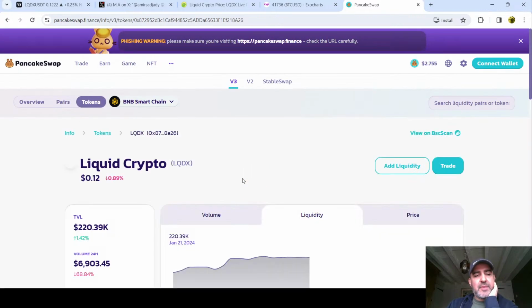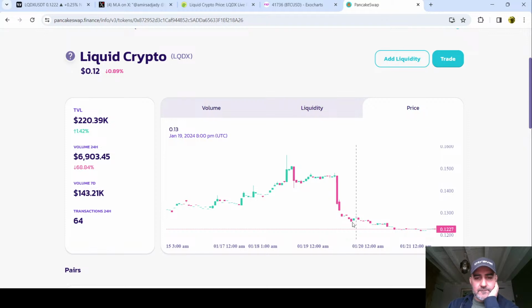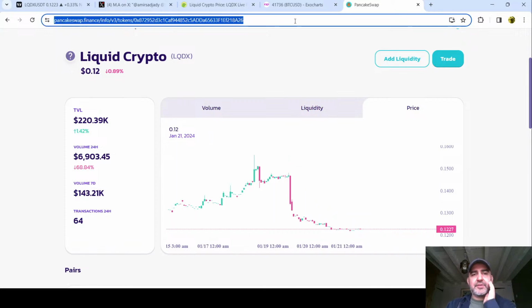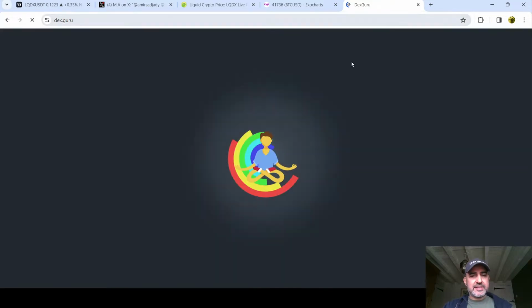Can we see a chart on PancakeSwap? January the 14th. The other site that I look for is DexGuru. If anyone's used that, let's have a look at DexGuru.